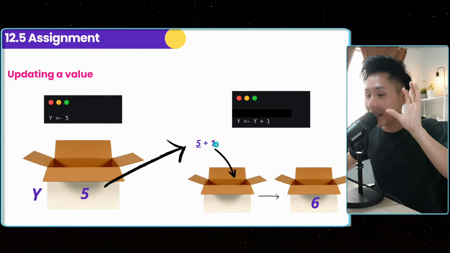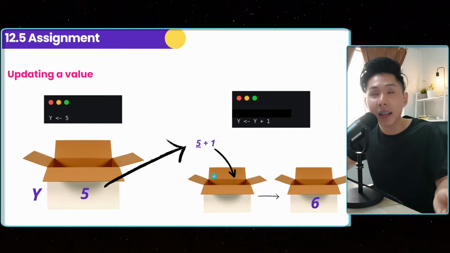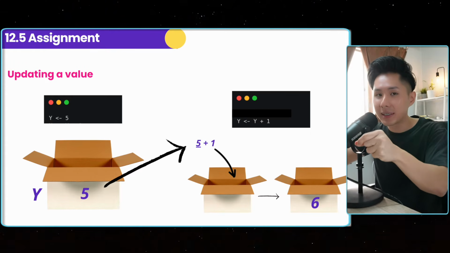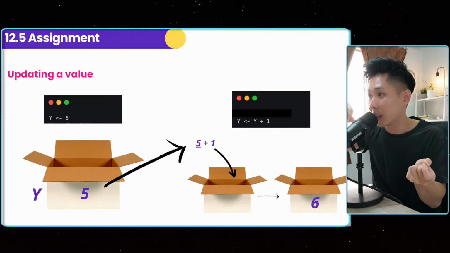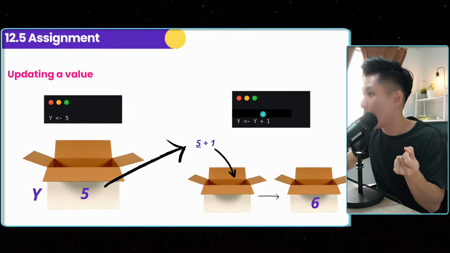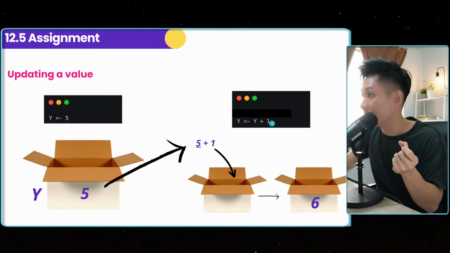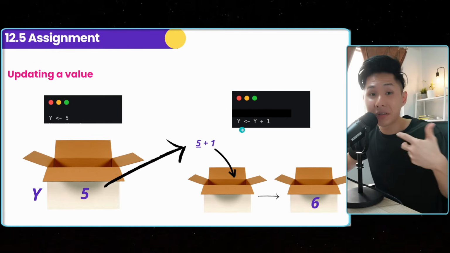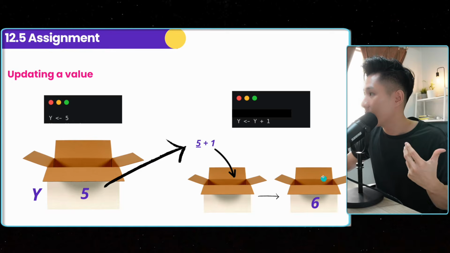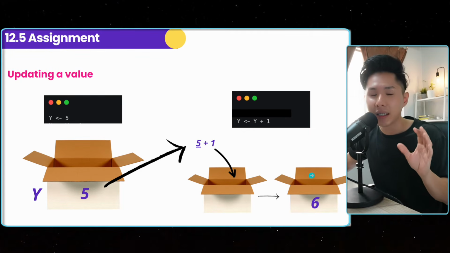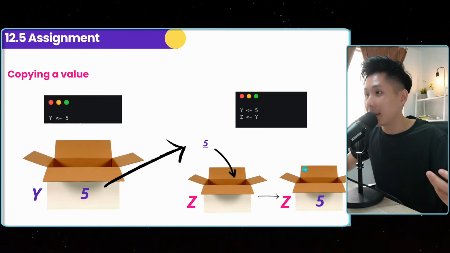Think of it from a box perspective: you have to take out the value 5, add 1 to it, and then put the result 6 back into the box. So this is exactly what we will do. I'm taking y out, adding 1, and reassigning it to the variable y. After the increment, the variable y will contain 6, right? So that's how we update a value.